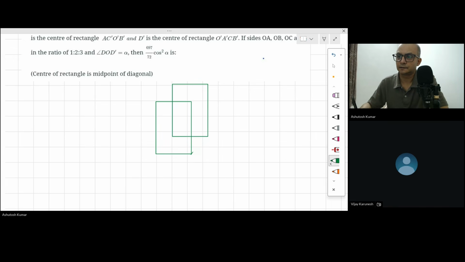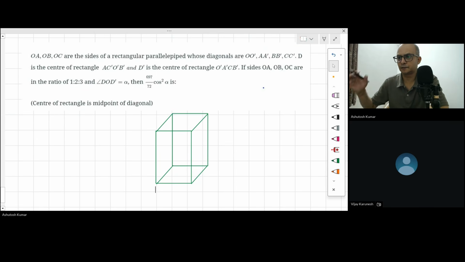And I'm taking first this one. Let me join it. Now this question is not so difficult, but maybe some visualization is a problem. So OA, OB, OC. This is O here, I can mark. And they're saying 3 adjacent sides, so I can take OA here, OB over here, and OC.